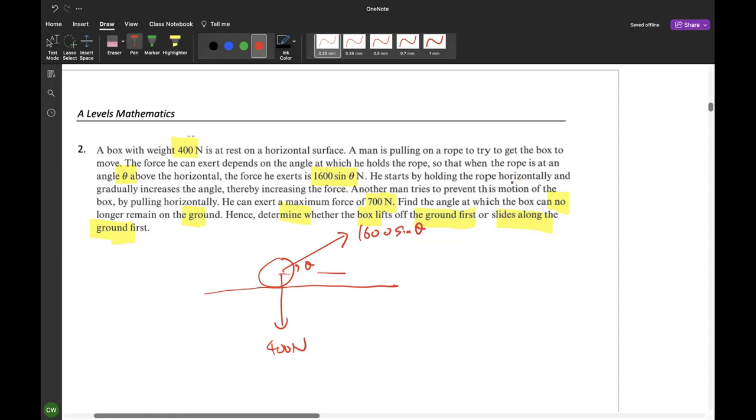Holds the rope, pulled by rope. Another man tries to prevent the box moving horizontally, so there's another force horizontally. It can exert a force of 700. Why can the box no longer stay on the ground?